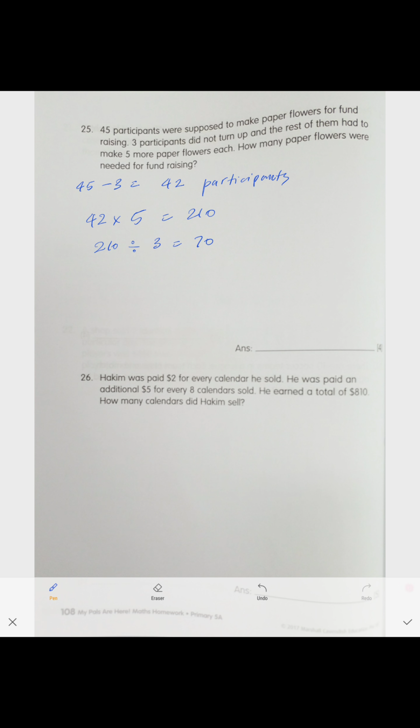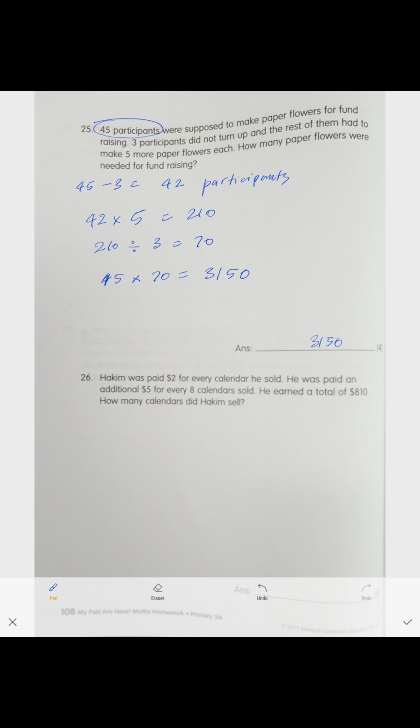Okay, so original plan was to invite 45 people with this plan, 70 flowers per person. 45 people, original plan, times every person should make 70 flowers, should be 3,150 flowers. That's your answer, 3,150.